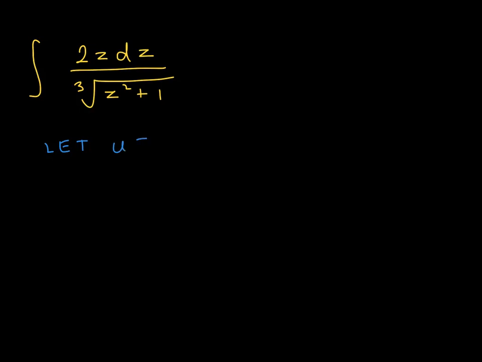So the integral of 2z dz over the cube root of z squared plus 1. This time around, what if we said let u equal the cube root of z squared plus 1?